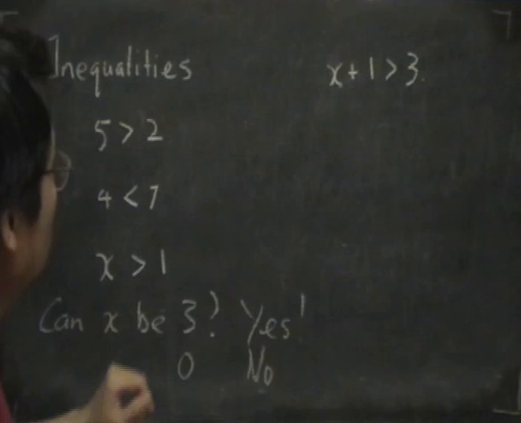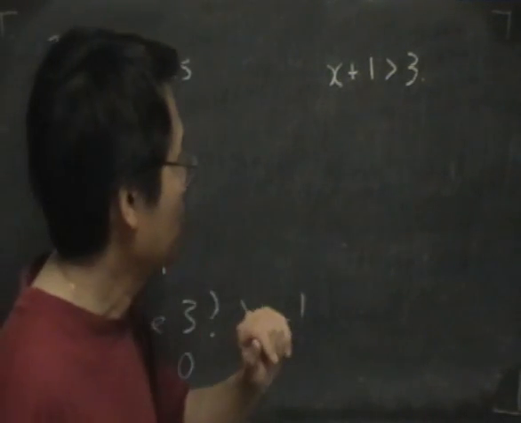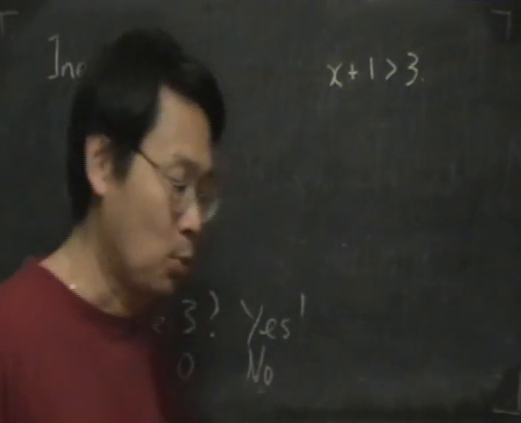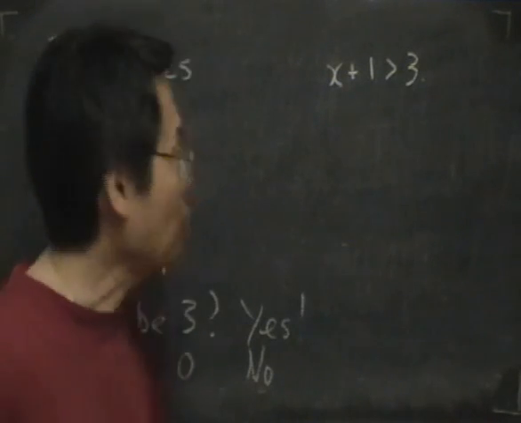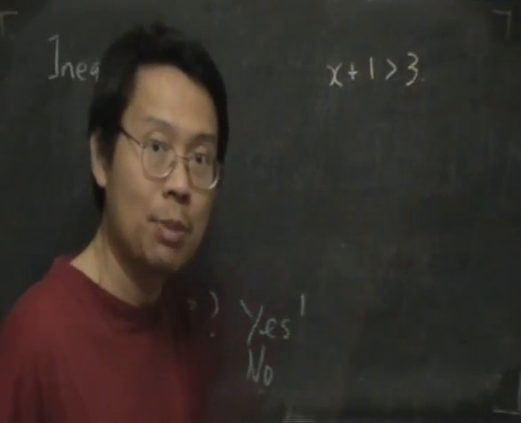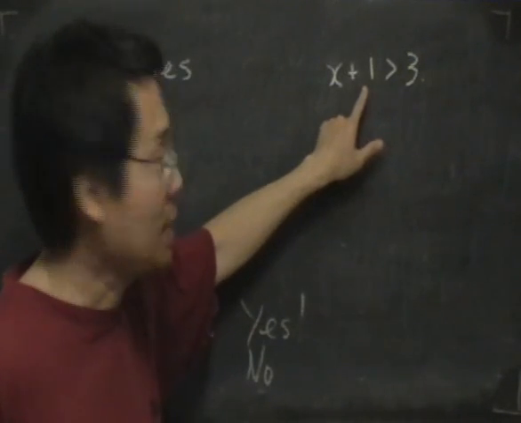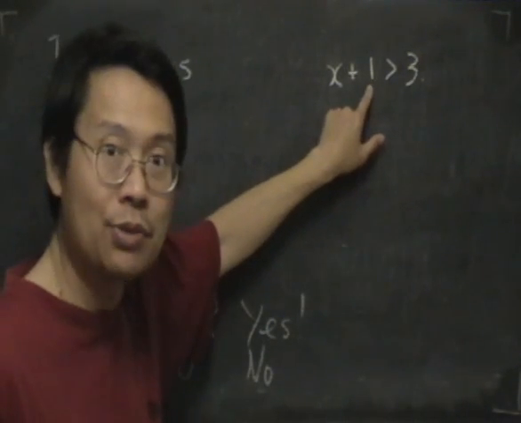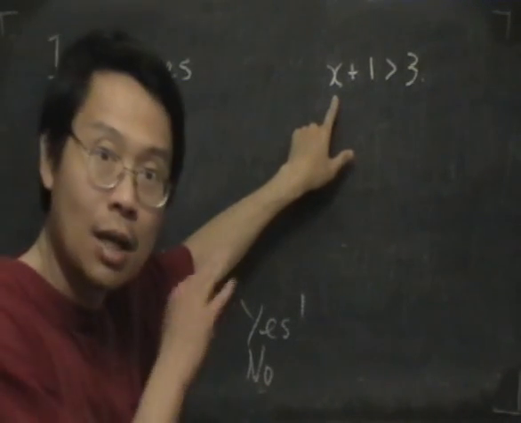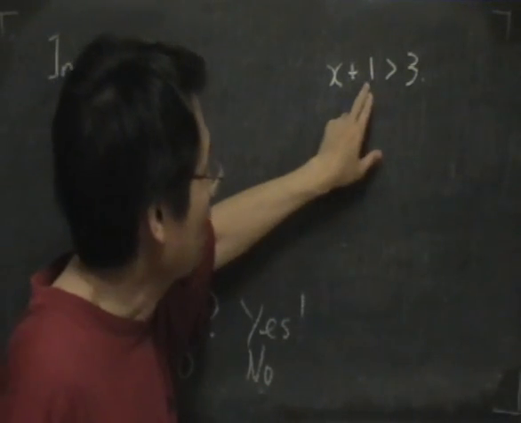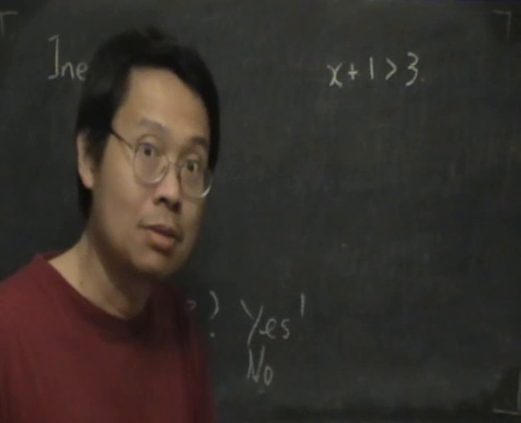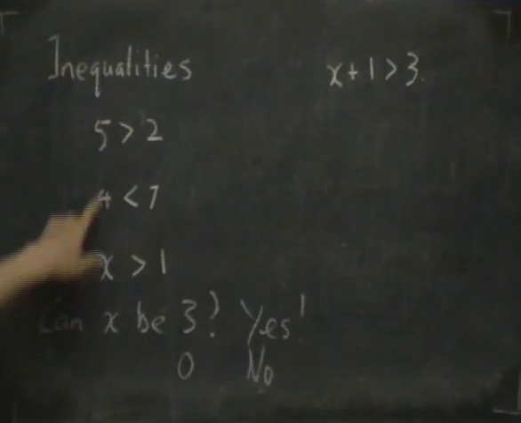Now, I would really like to subtract the 1 from that side, because if I subtract the 1 from the left side, the 1 is gone and I just have the x. So if I can subtract 1 from both sides, that will help, right?